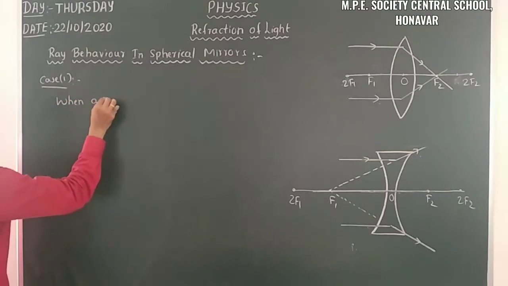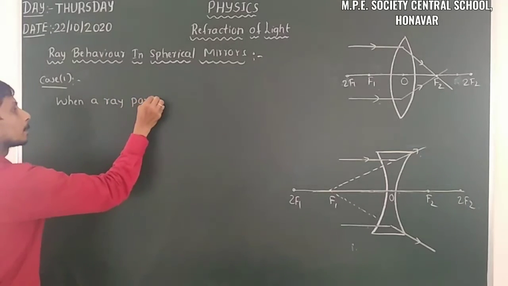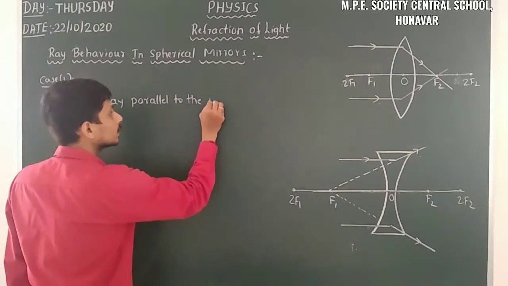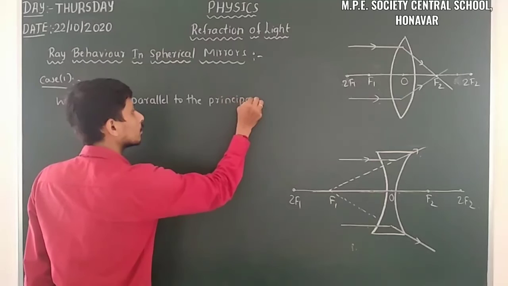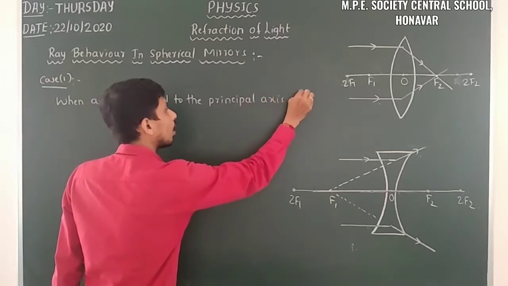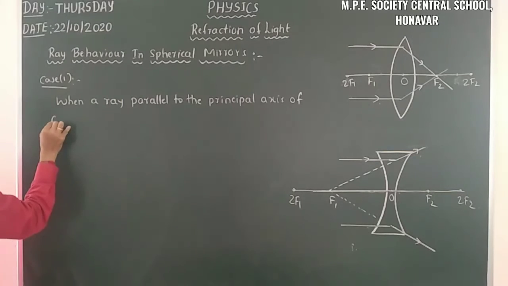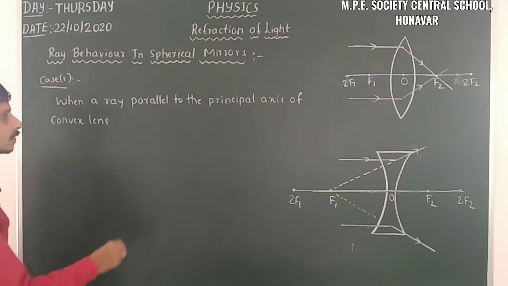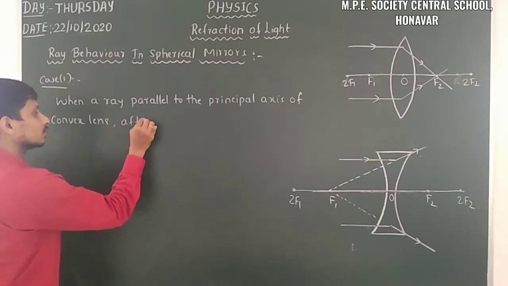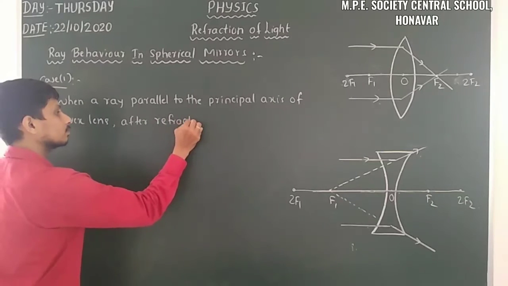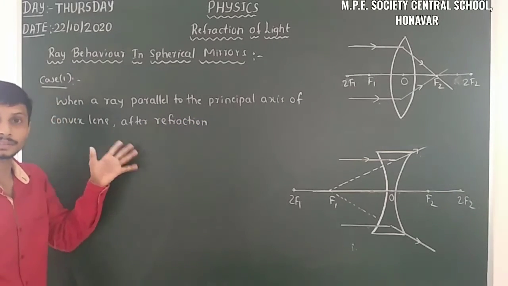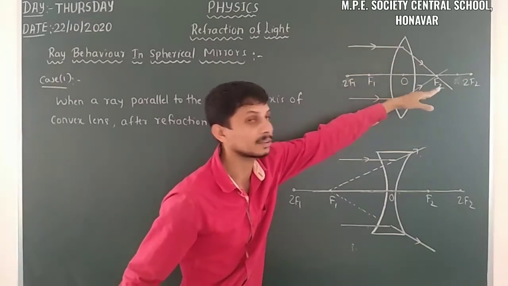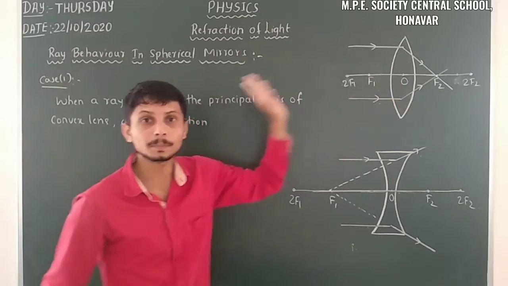When a ray parallel to the principal axis of a convex lens, after refraction, it actually meets at the principal focus.